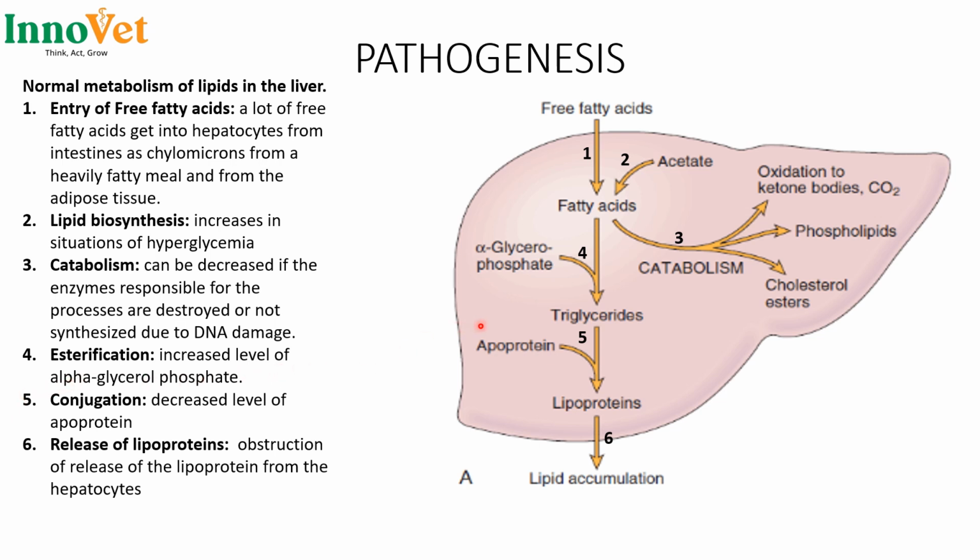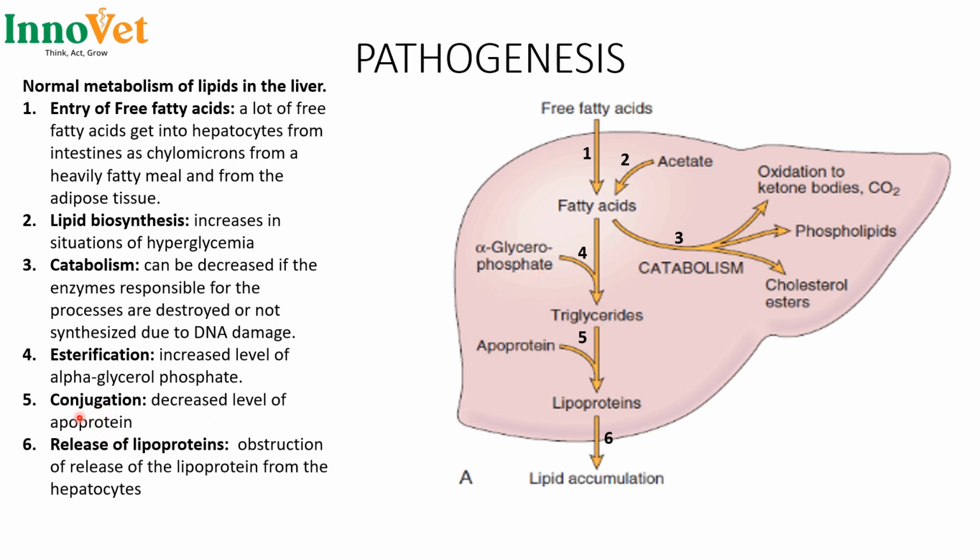And step number 4 is the esterification reaction, where we have fatty acids and alpha glycerophosphate combining to form the lipids or the triacylglycerols. Then this step 4 will occur in conditions where we have a lot of glycerol phosphate.